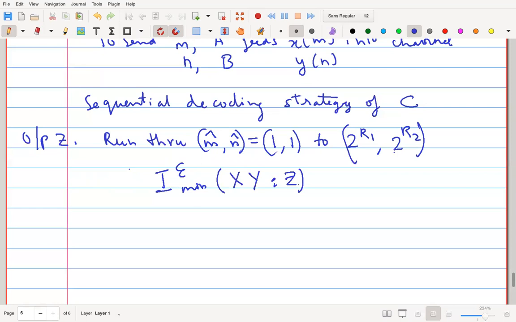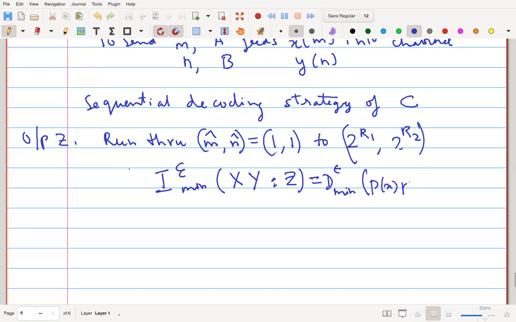Recall, this was just another word for D epsilon min of P X Y Z. Let me remind you again what P X Y Z is, with abuse of notation.